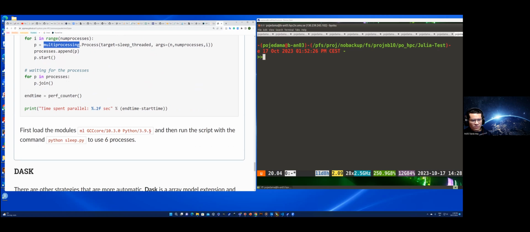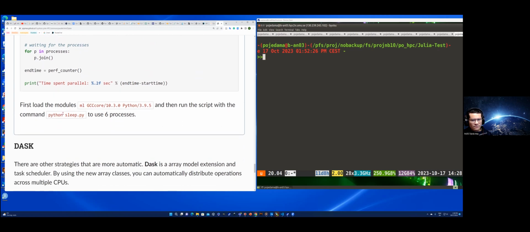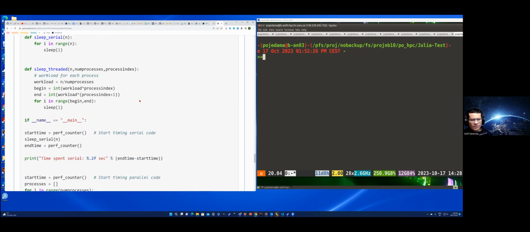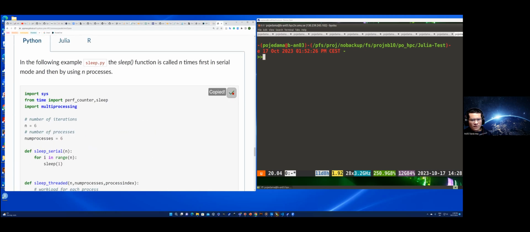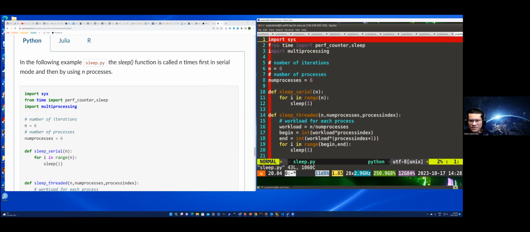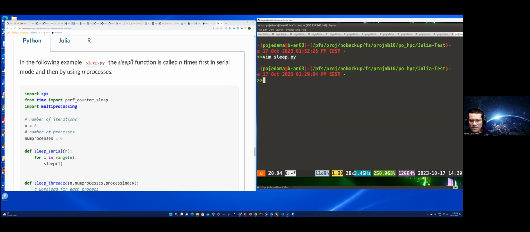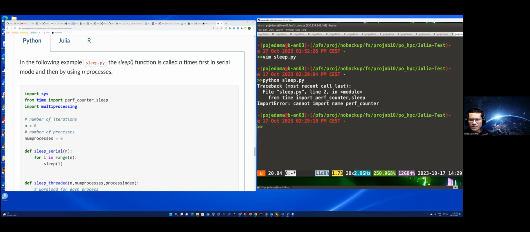Just load these modules and type python. And here you can copy the code with this button, and paste it in your script. So I have my script here. This is essentially this code, right? So I run it with python sleep.py. Well, the modules are not loaded. I need to load them.